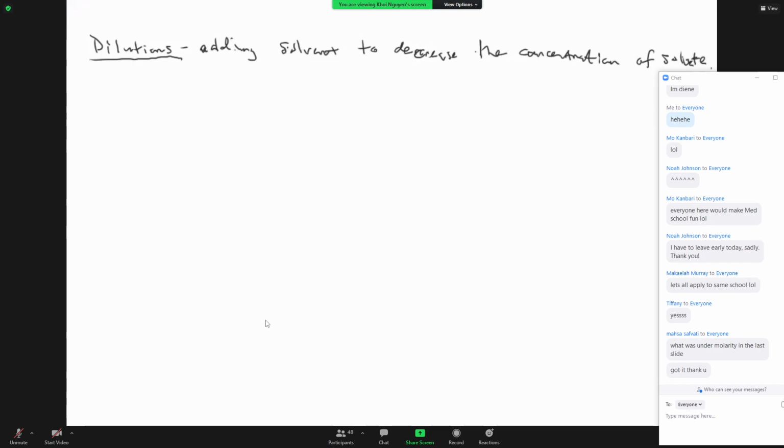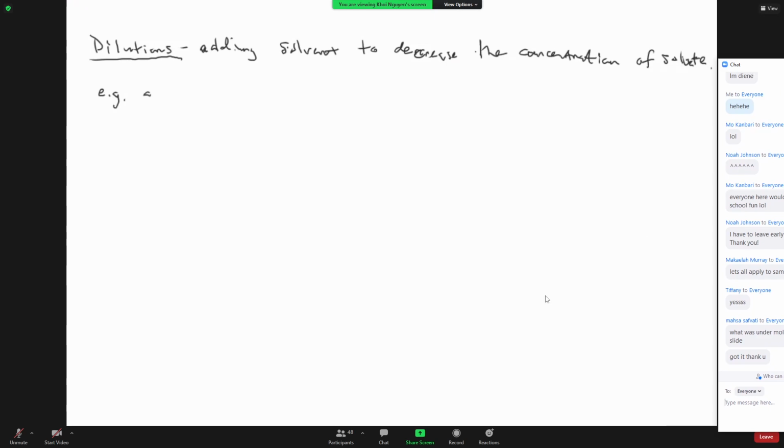So simple dilutions are pretty easy. If you're adding 2 parts to a solution, you end up with a 3-fold dilution. 3 parts, that would have been 4, so on and so forth, right?